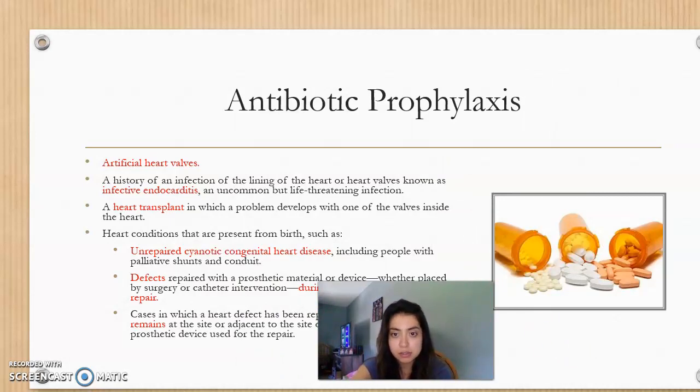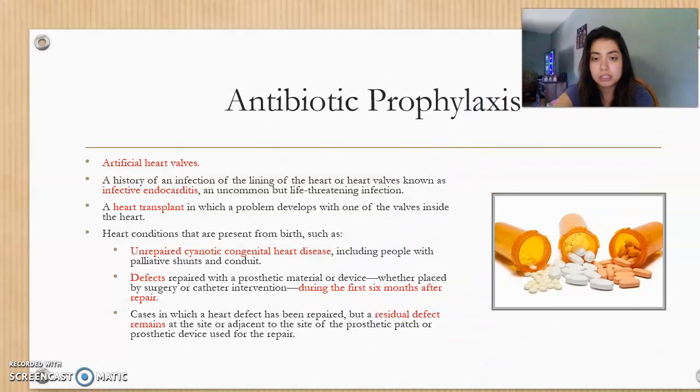Antibiotic prophylaxis is when a patient is required to take a pre-med before any dental treatment. These patients include those with artificial heart valve replacements, patients that may have infective endocarditis or are at risk for it, patients that have a heart transplant with one or more valves inside the heart, and some patients with congenital heart disease.